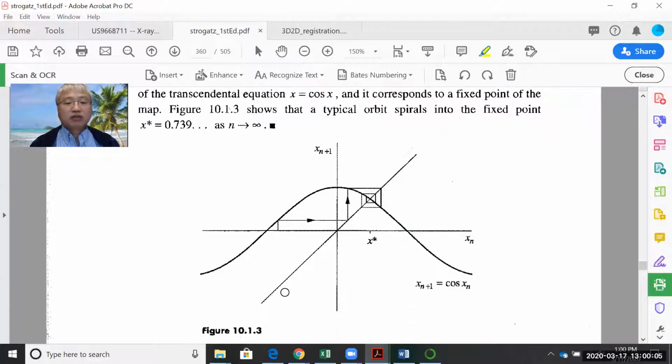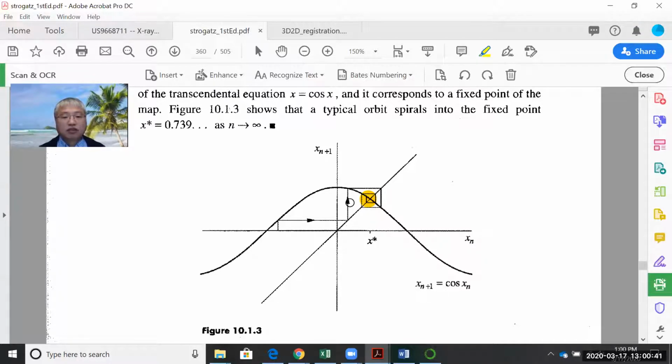So here's a cobweb construction. The fixed point is where the curve, the function, intersects with this diagonal line. So here is the fixed point, and you can see that no matter where you start, using the cobweb construction, it actually converges pretty quickly to this fixed point. If you start, for example, here, you can do the same thing. You evaluate to this point, and then you jump to here.